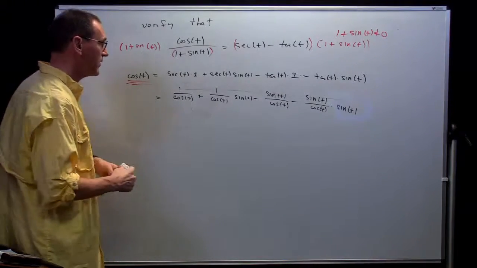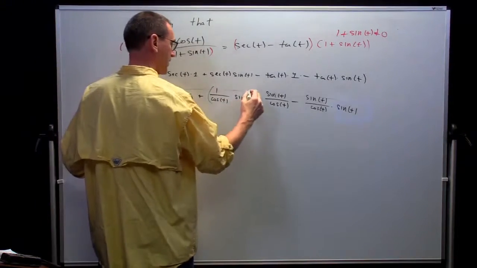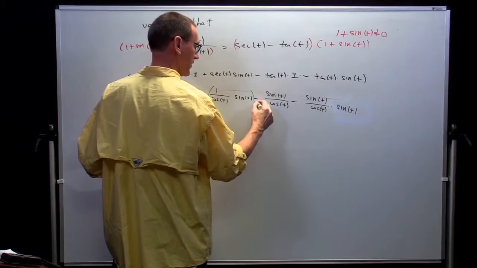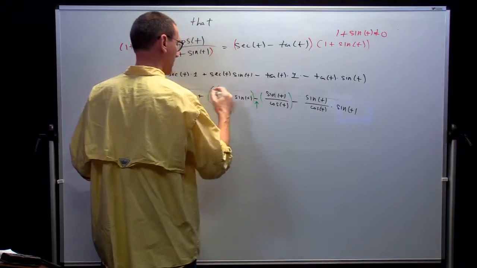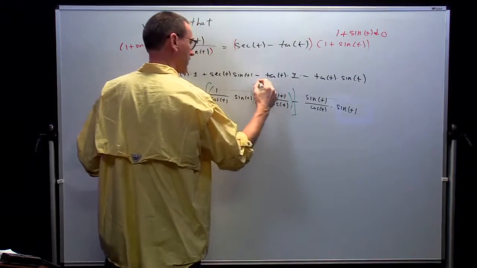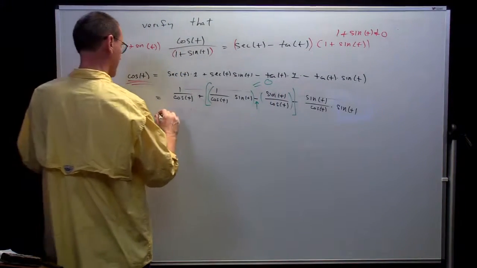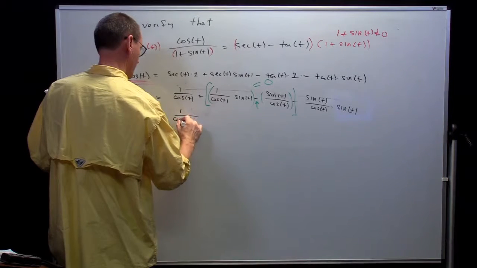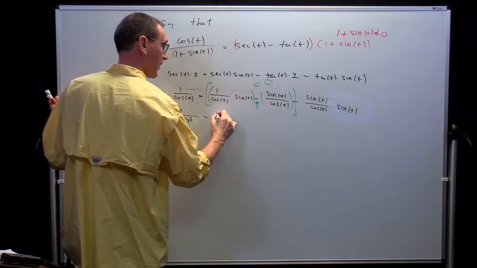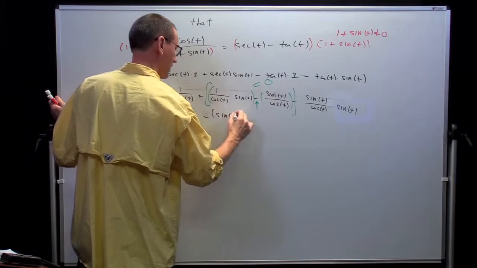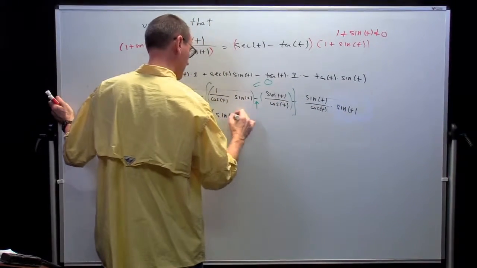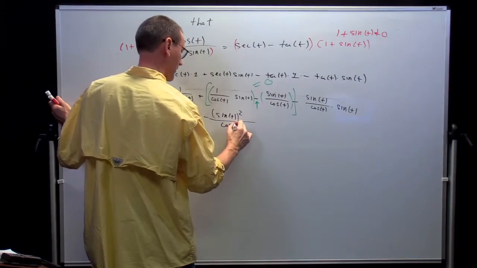Okay. First thing to notice, sine divided by cosine minus sine divided by cosine, those two things cancel to give me 0. So let me rewrite that. So that's going to be minus. Now I've got sine times sine over cosine.